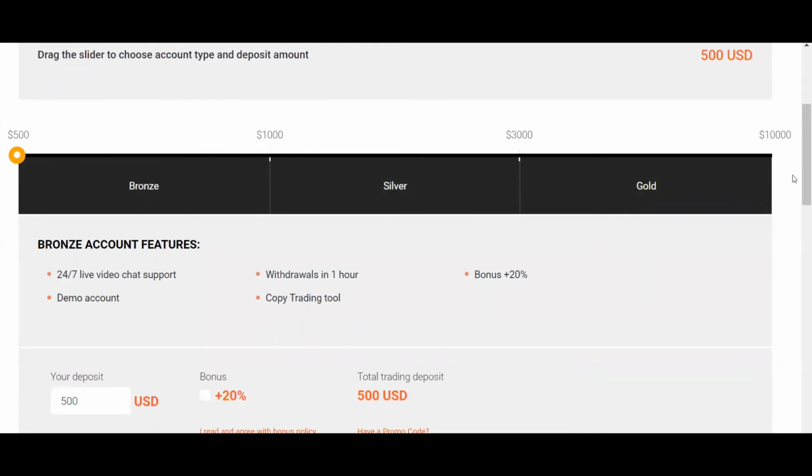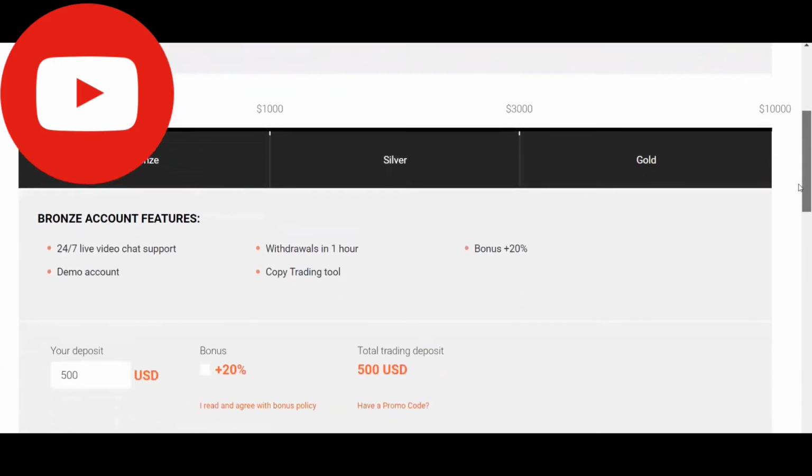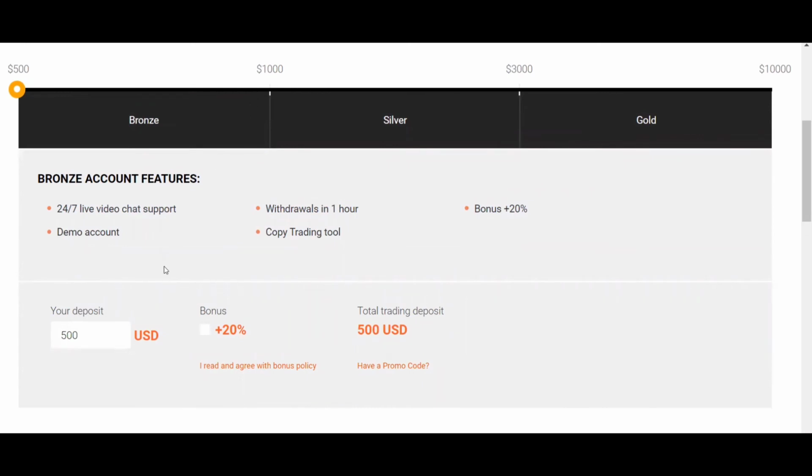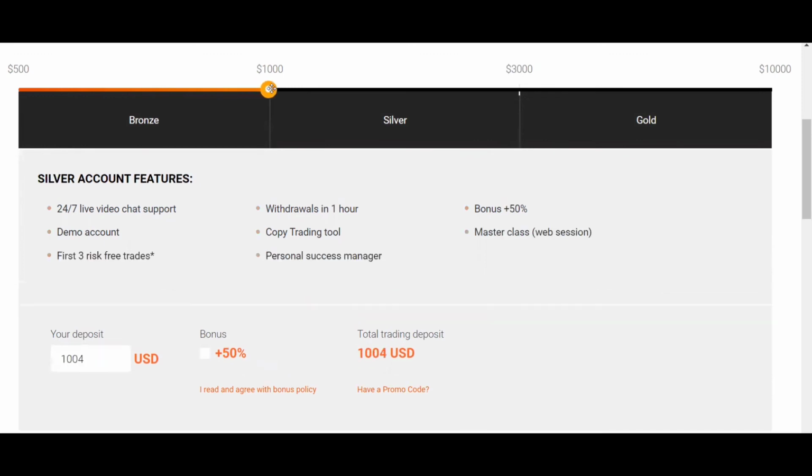Okay. So if you pick bronze, it's anywhere from $500 to $1,000. You'll get 20%. And actually, this is a little incorrect. Sometimes they'll really do more. So once you get to $1,000, or maybe that's correct, it was 20%. I'm sorry.